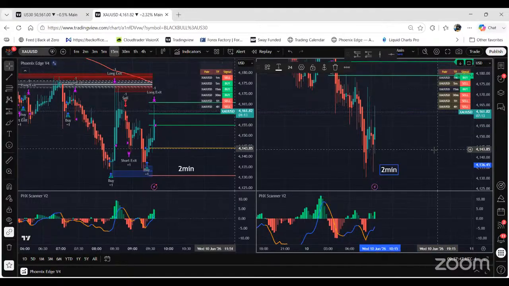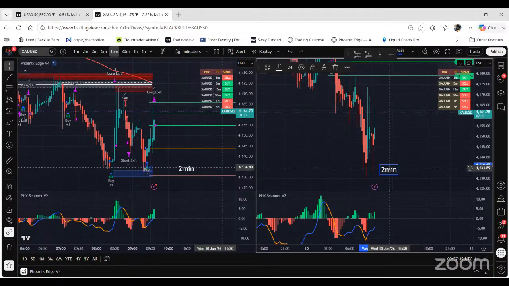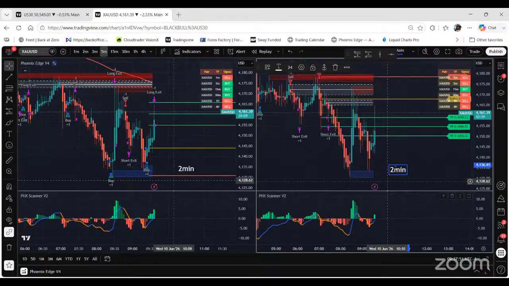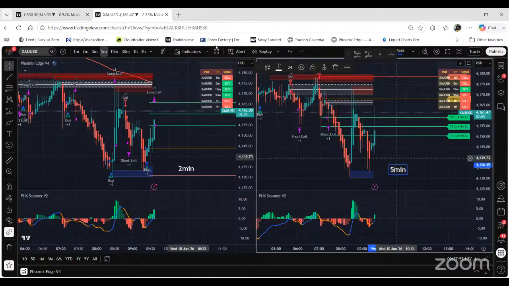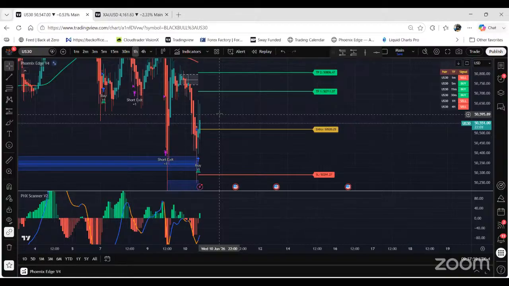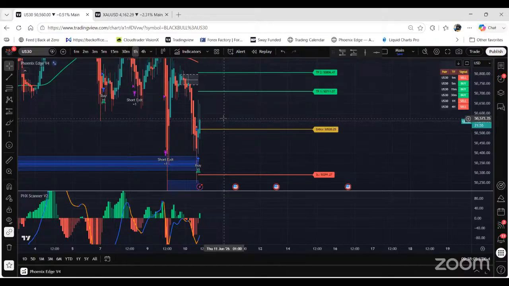You want to keep this one on 15? Nah, we'll do 5. And US 30 is back to pushing.